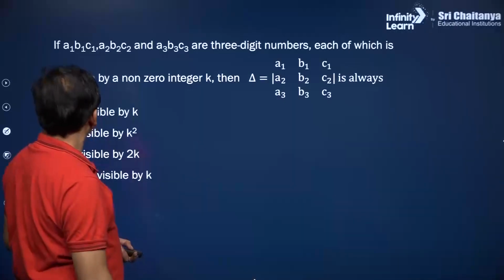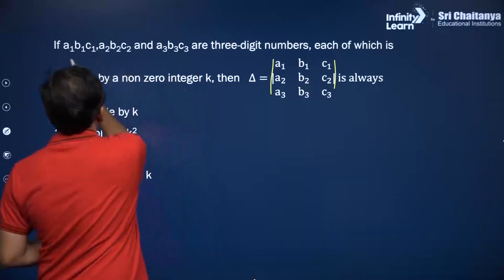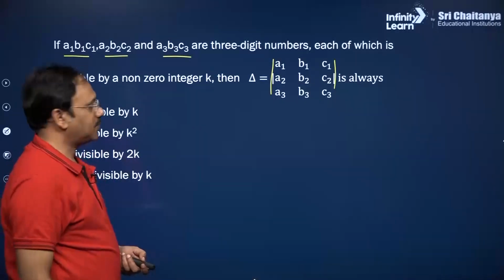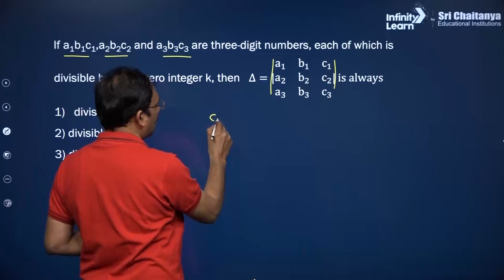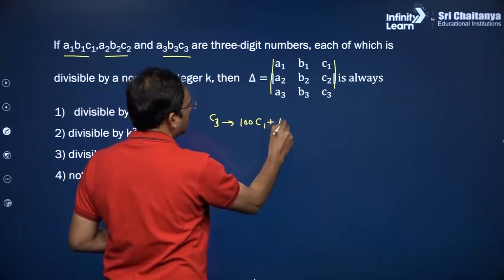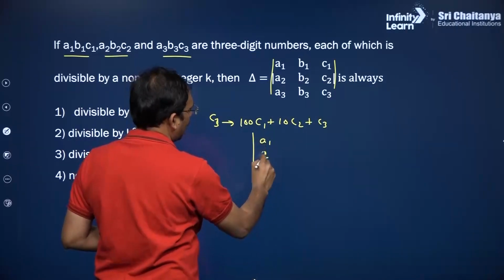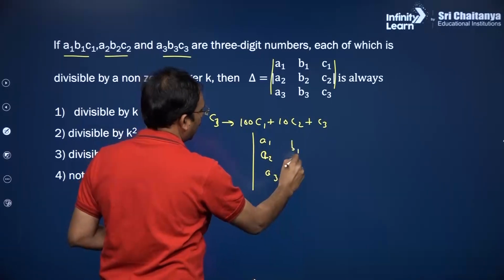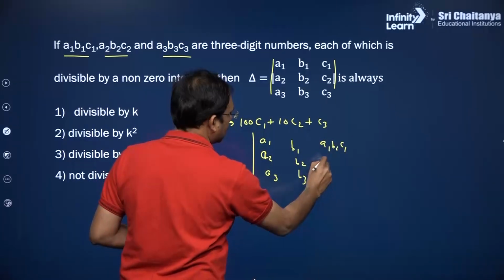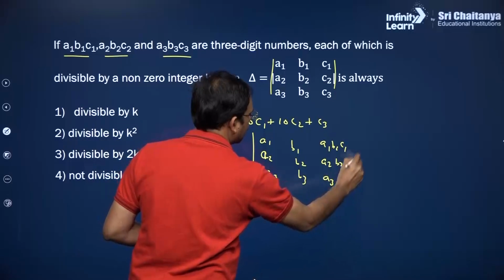Next, this is the matrix determinant. He said a1 b1 c1, a2 b2 c2, a3 b3 c3 are three triple digit numbers. You can convert column 3 as 100 into column 1 plus 10 into column 2 plus column 3, so that you will get a1 b1 c1 triple digit number, a2 b2 c2 triple digit number, a3 b3 c3 triple digit number.